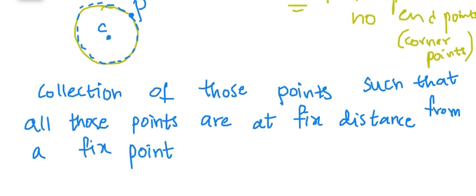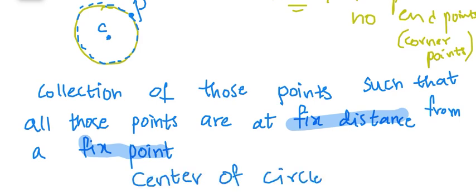This fixed point is called the center, and the fixed distance is called the radius. This is the center of the circle. This is the radius of the circle. Okay?